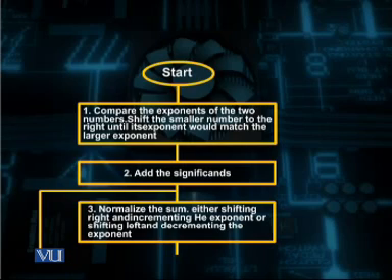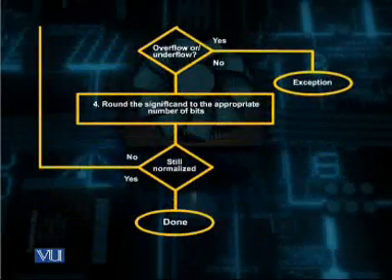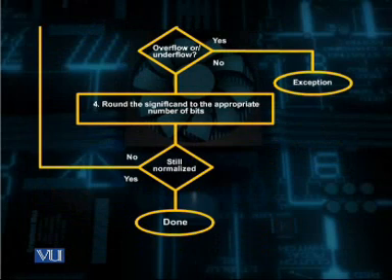Then we normalize the sum, and in order to normalize, the sum is shifted right and the exponent incremented, or shifted left and the exponent decremented. In step 4, if no overflow or underflow occurs, then we round the significand to the number of bits. And if further normalization is not required, we stop the process here. Otherwise, we go back to the normalization step, that is step number 3.